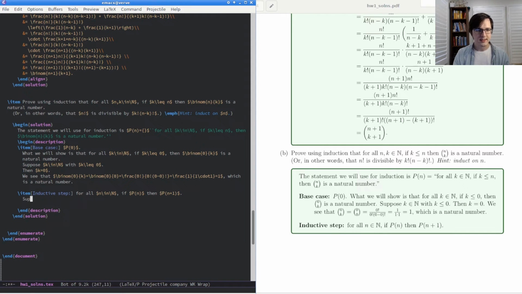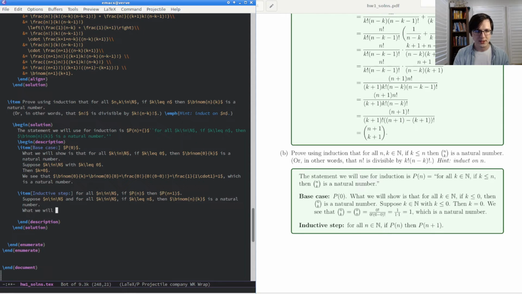Okay, so suppose n is a natural number and P(n): for all k in N, if k is less than or equal to n, then the binomial coefficient n choose k is a natural number, as our inductive hypothesis.